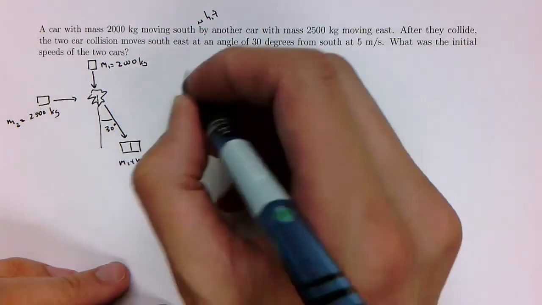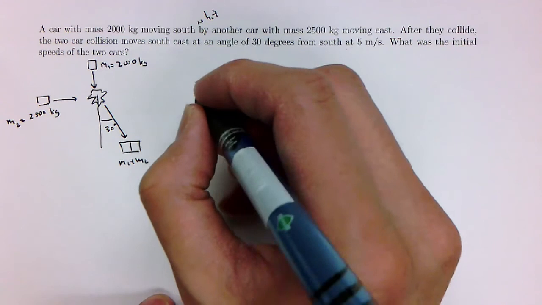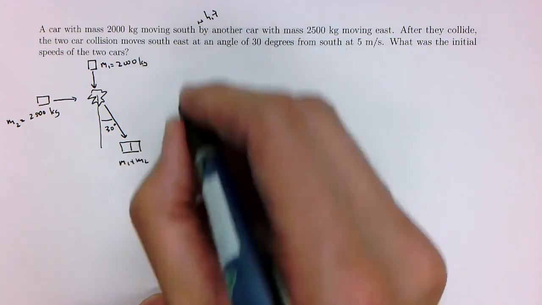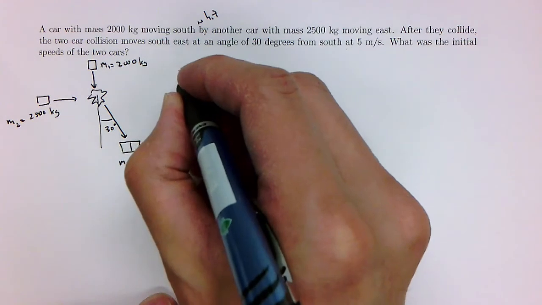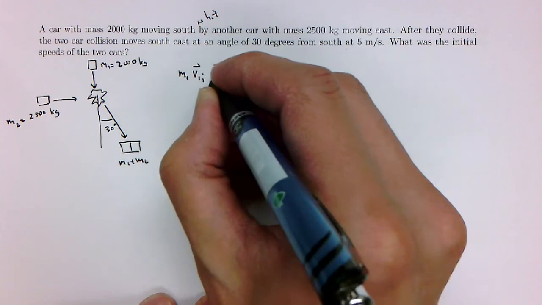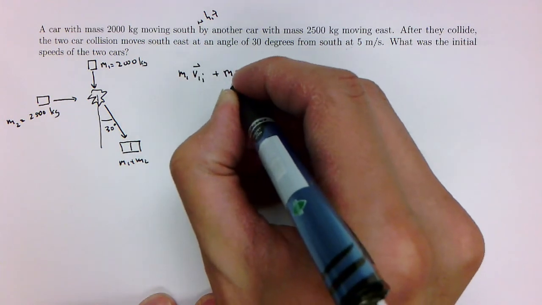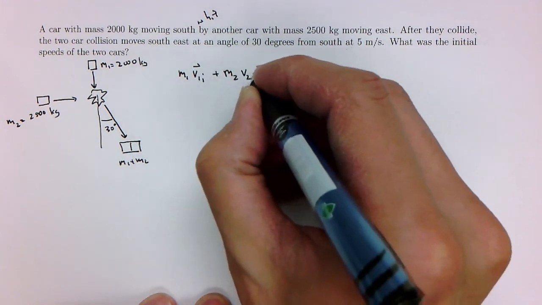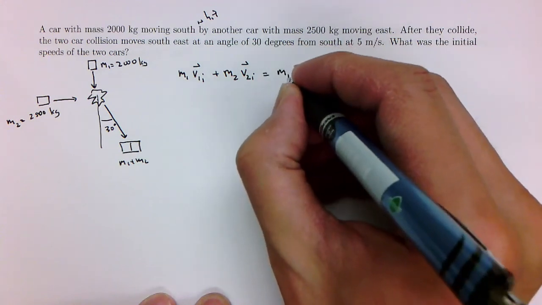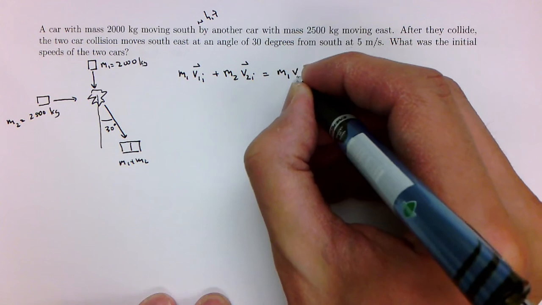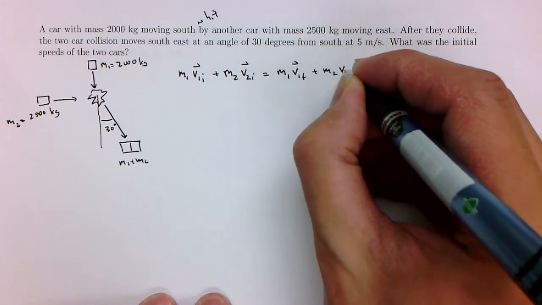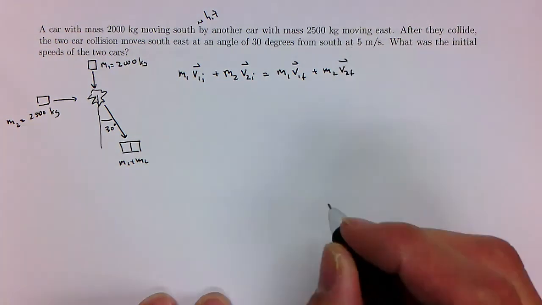So let's begin by writing down the equation for conservation of linear momentum in 2 dimensions. So M1 V1 initial vector plus M2 V2 initial vector is equal to M1 V1 final vector plus M2 V2 final vector.